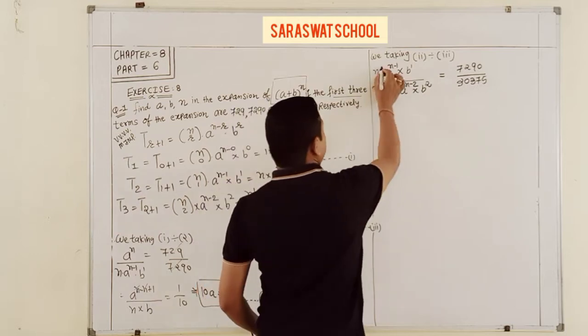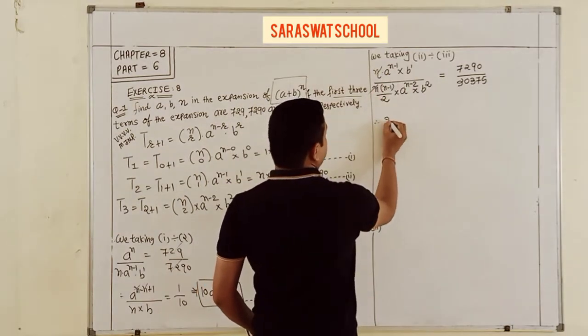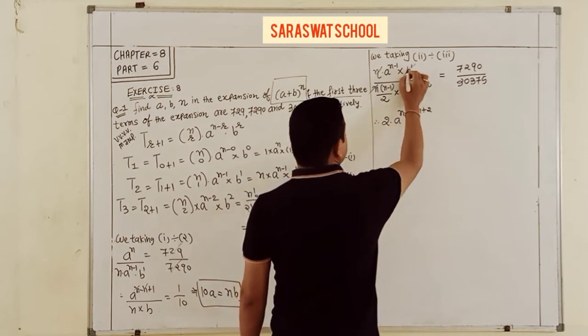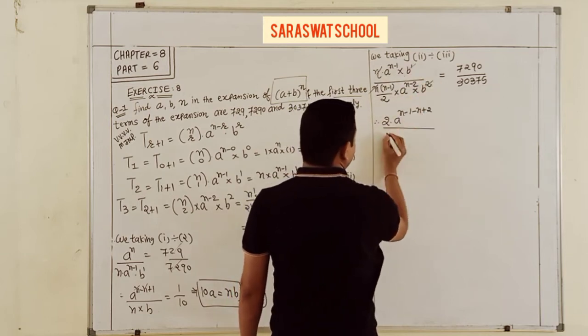So students, this n goes to the upper side, the powers of a match: n minus 1 minus n plus 2, this cancels, only 1 b is left.